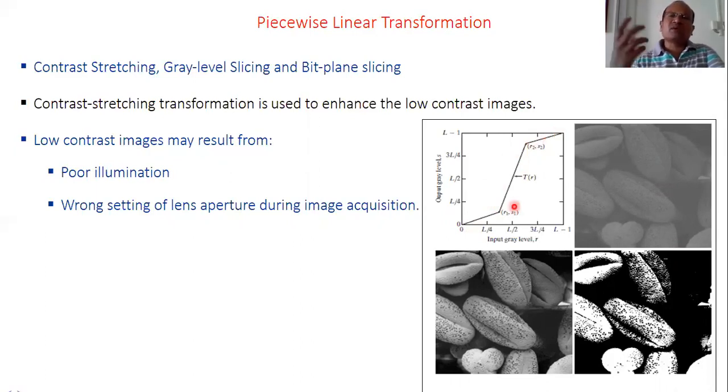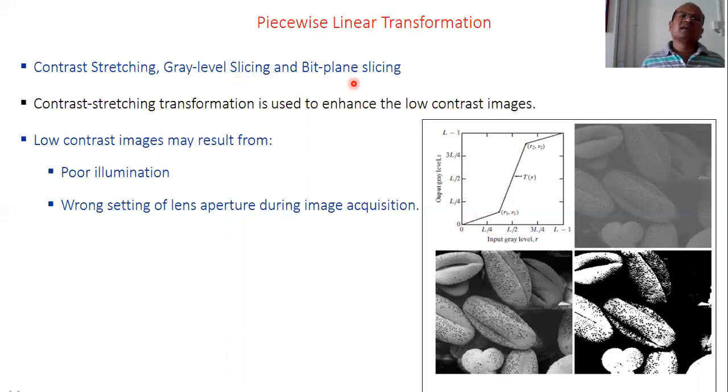Therefore piecewise linearity is there. In the first part linearity is there, in the second part also linearity is there, but the magnitude of slope in that linear relationship is different. Contrast stretching, gray level slicing, and bit plane slicing are other examples of piecewise linear transformation.